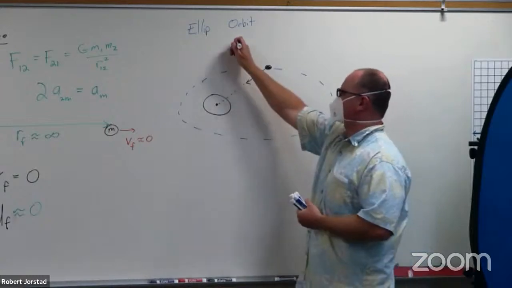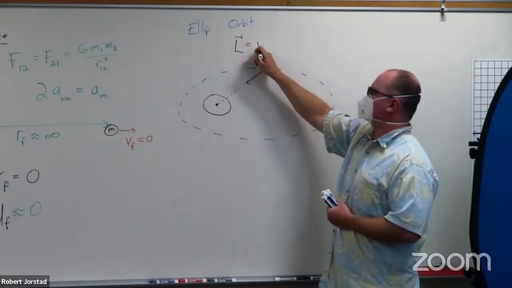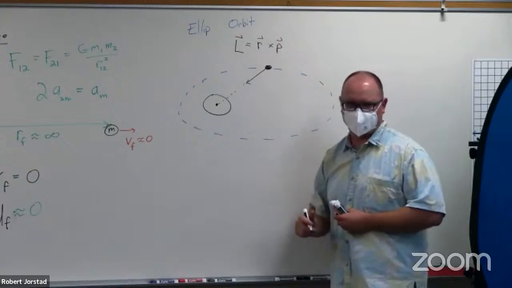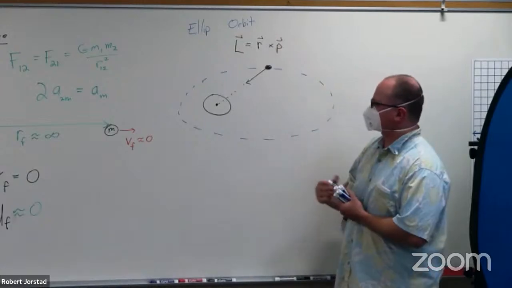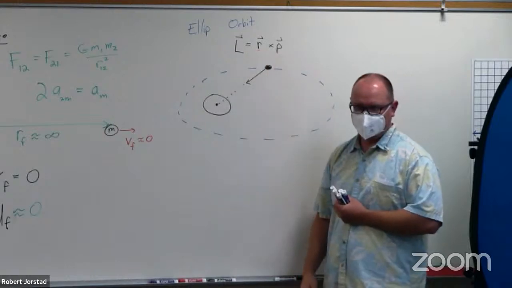Well, if I know about angular momentum, L is R cross P. Do you remember that was one of our first problems we did in angular momentum? You can do a radius vector cross its P.